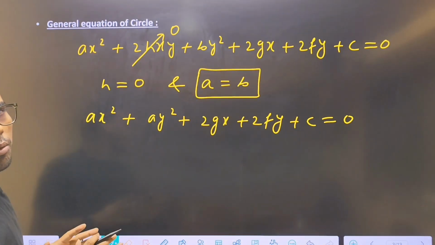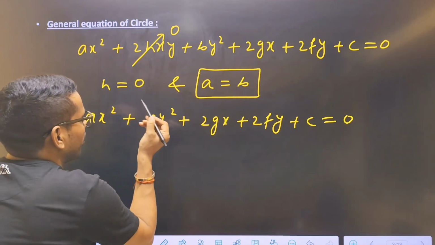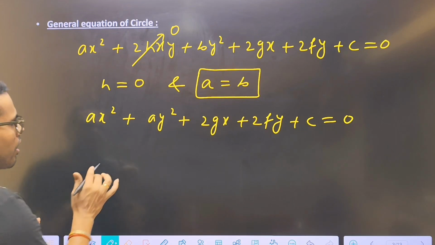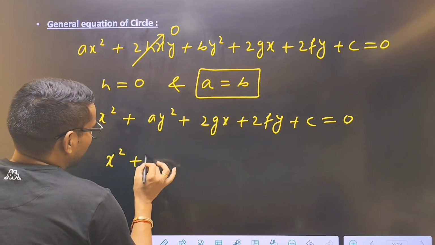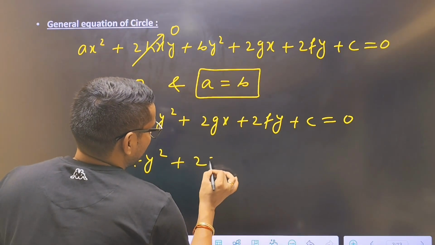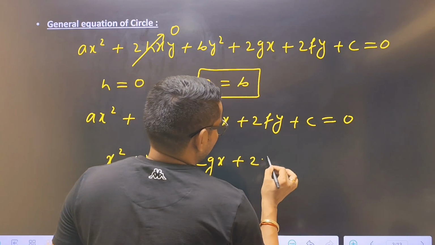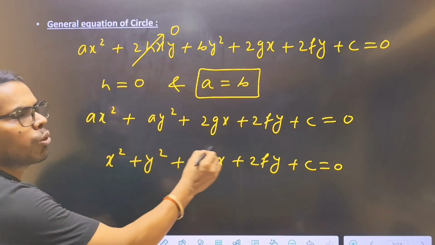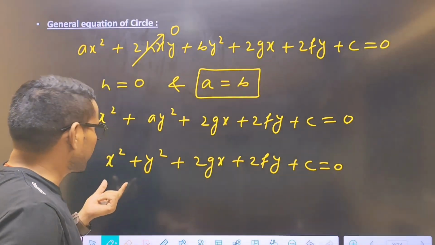Now, generally, we prefer the coefficient of x square and y square as 1. So we write the general equation of a circle as x square plus y square plus 2gx plus 2fy plus c is equal to 0. Simply divide the whole equation by a, you will get this equation.